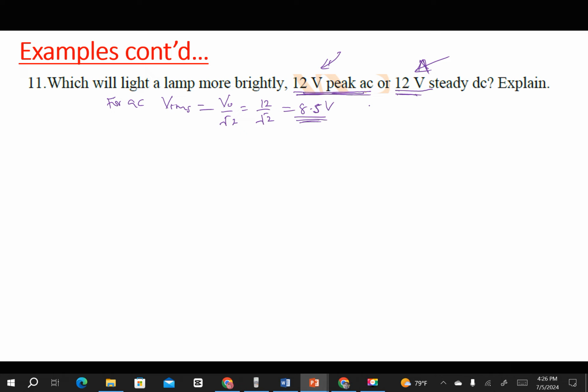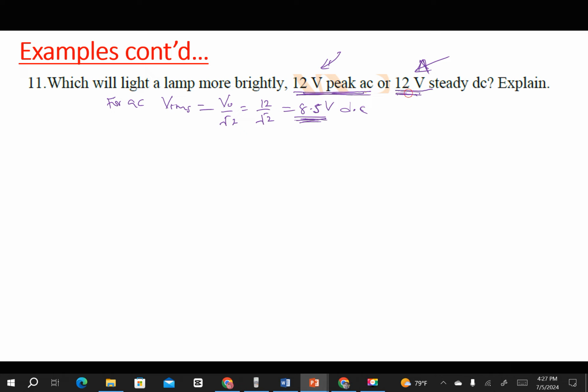Because 12 volts peak AC is equivalent to 8.5 volts DC, which will light a lamp less brightly. Is it a 12 volts peak AC or 12 volts steady DC?